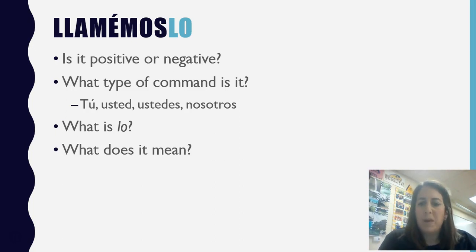So it probably would make more sense to say call him. And remember, since it's a nosotros command, that translates to let's. So llamémoslo means let's call him. So notice, as opposed to a reflexive pronoun, we now have, is lo a DOP or an IOP? If you said DOP, you are correct. So let's call him. Got it?